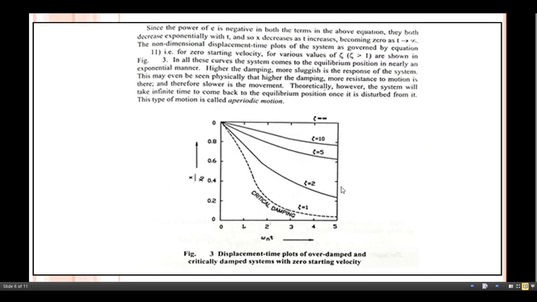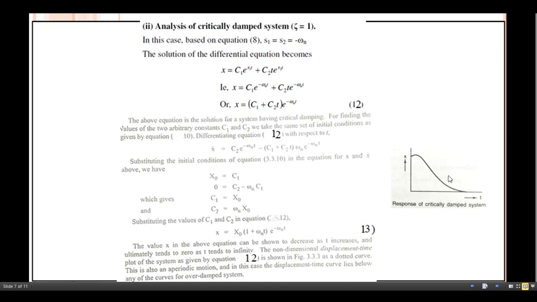As well as this dotted curve, this is also an aperiodic motion, and in this case the displacement time curve lies below any of the curves for the overdamped system.